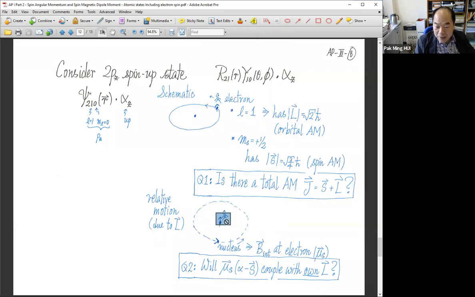Thereby, there may be a coupling between the magnetic dipole moment due to spin, the arrow here in opposite sign, with its own orbital motion, because that will generate a field at its own position. Okay? Follow me? So once we have S in addition to L, there are new games, new questions.